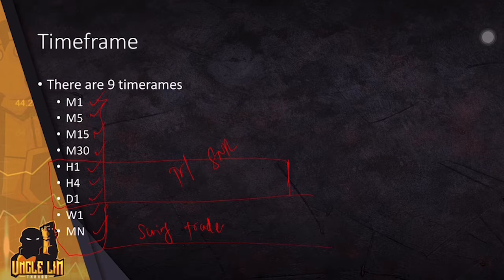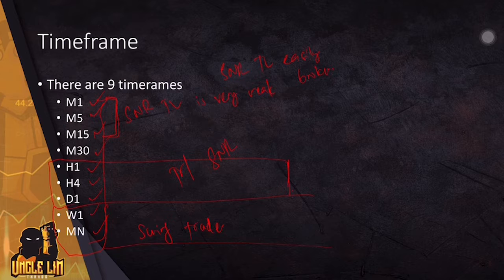For lower than M15, down to M1, we do not use SNR and trend line, because SNR and trend line in those time frames are very weak. All the SNR and trend line are easily broken.